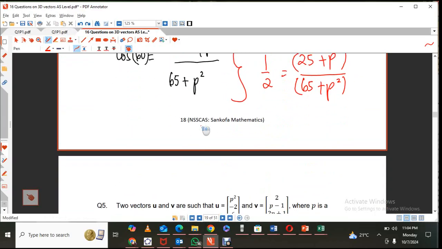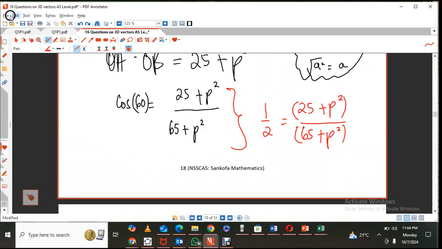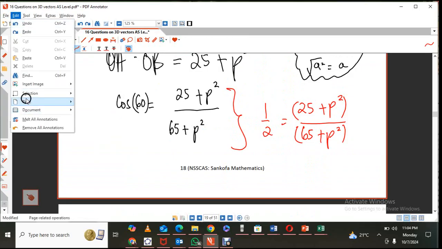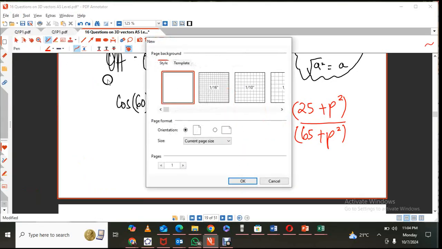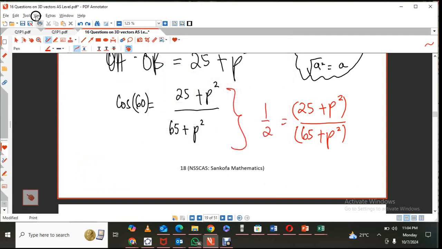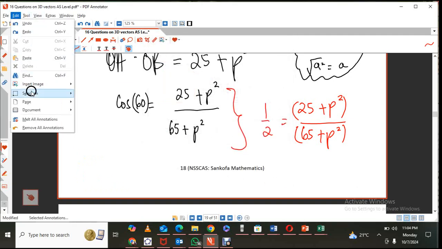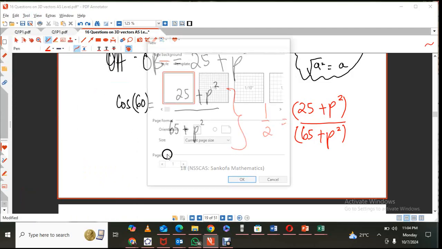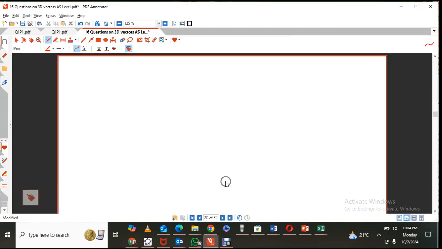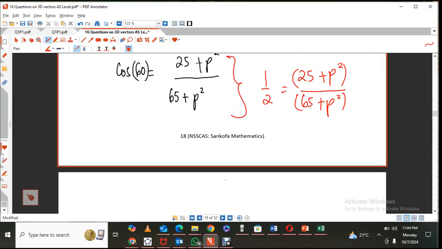I'm going to add a page, insert page. No, we are going to append it. Page, append page. All right, let's see. It should be where I want it to be.